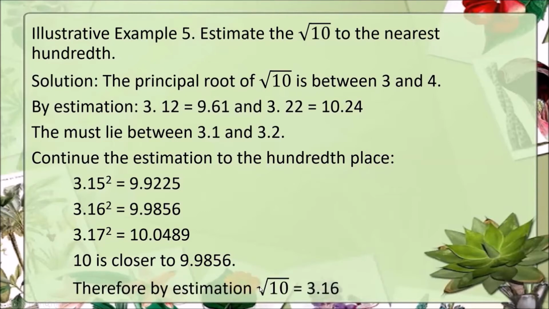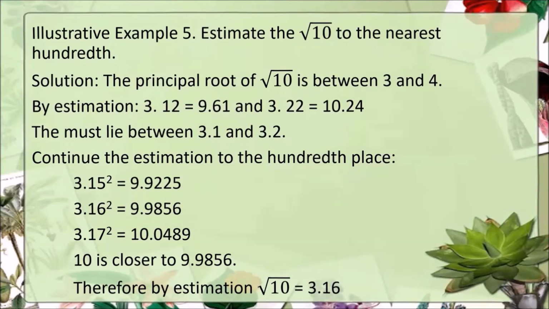Therefore, by estimation, the estimate value of square root of 10 is 3.16. Ito. So, gagamit tayo ng trial and error and estimate the possible value of the given square root of a number.